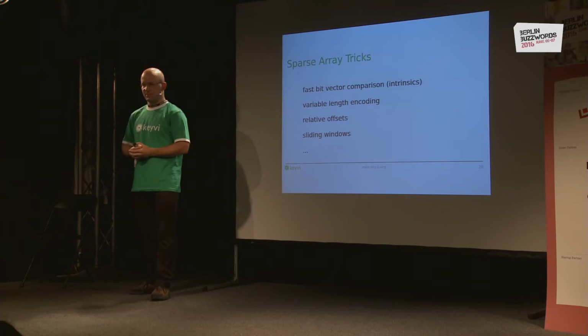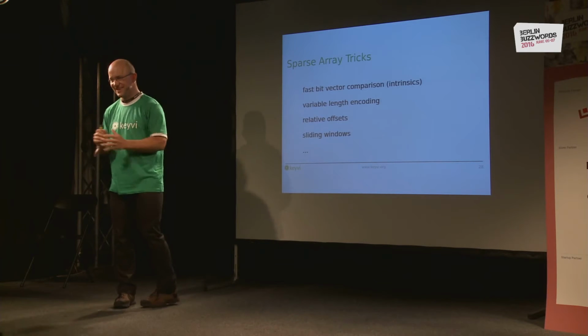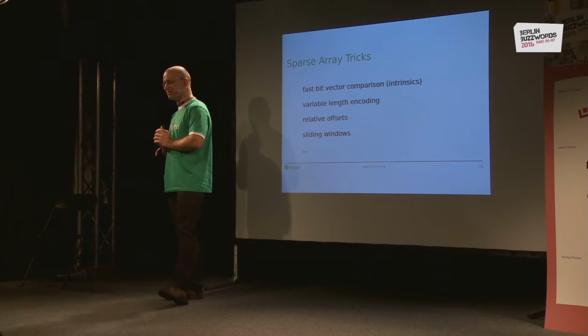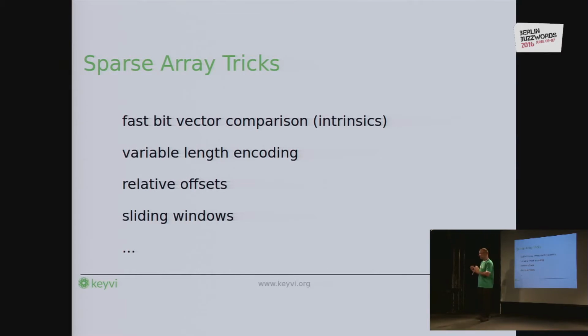I'm not telling you the whole story. There's obviously a lot of tiny tricks to make this super fast and quick. We use something like intrinsics. I told you this 1-byte thing, but there's obviously some kind of variable length encoding behind the scenes.